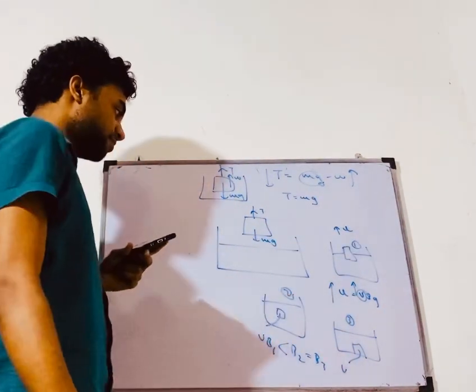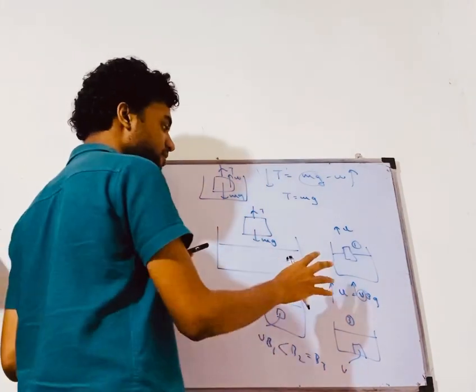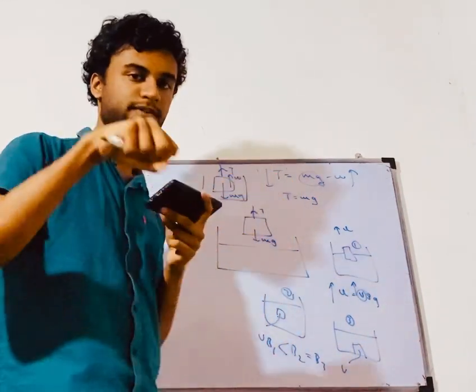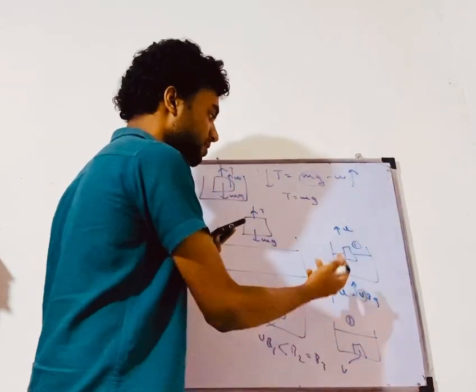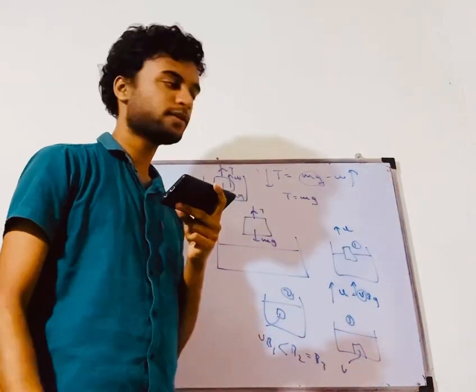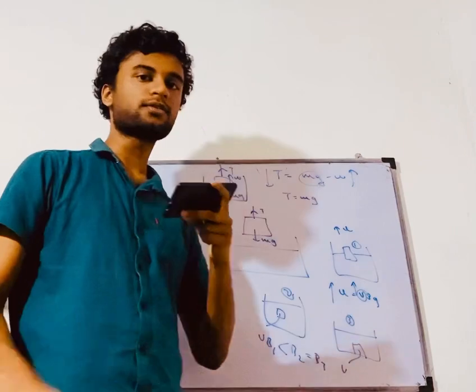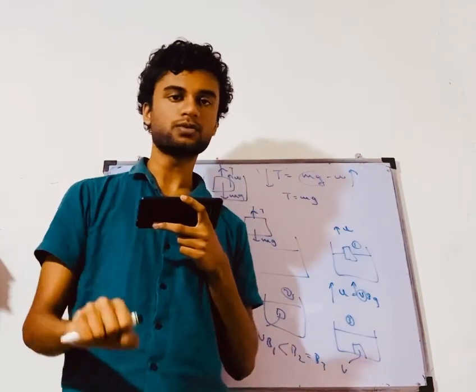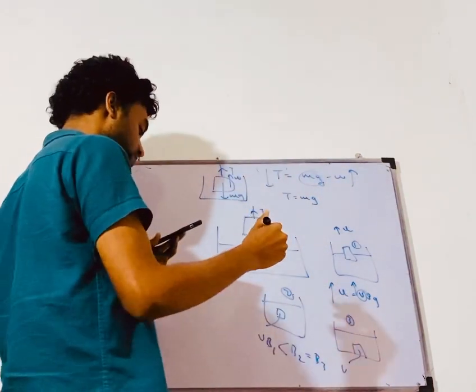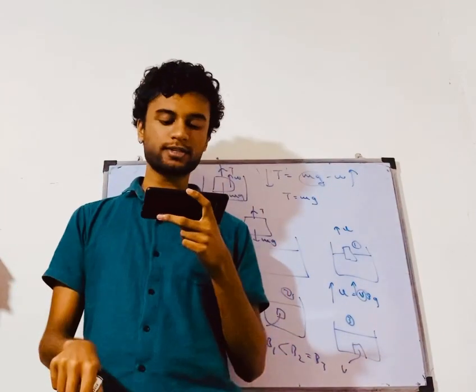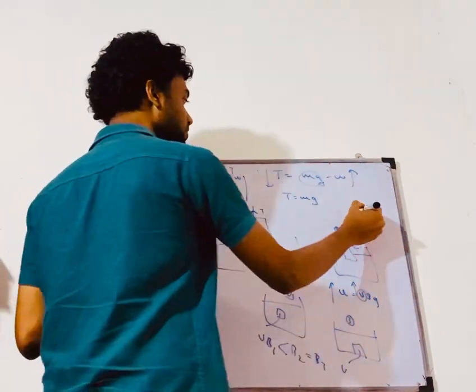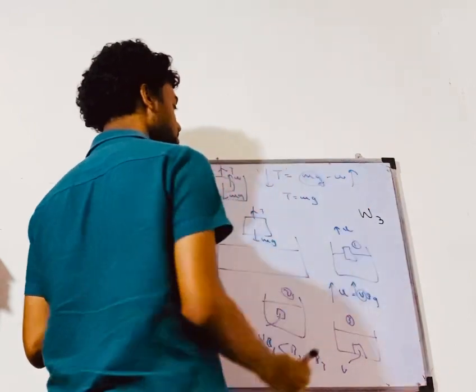But what about the weight in position 3? Tension is going to be 0 because it's at the bottom. You have this experience: when the object is touching the bottom, tension goes to 0. The string is loose. Then the tension is the lowest, so the reading is the lowest at position 3. So W3 should be the lowest in value.